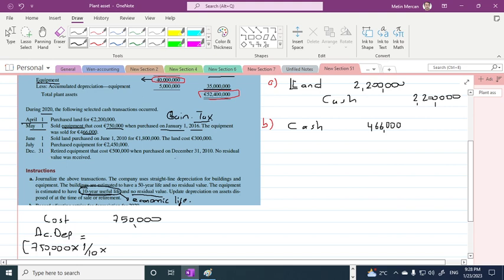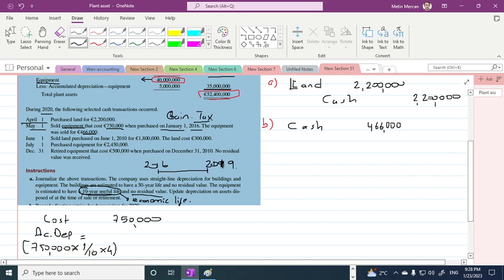And how many years already? It is purchased in 2016. Now 2019. So including 16, 17, 18, 19, 4 years of accumulated depreciation.